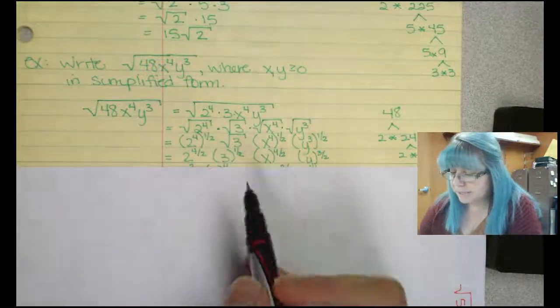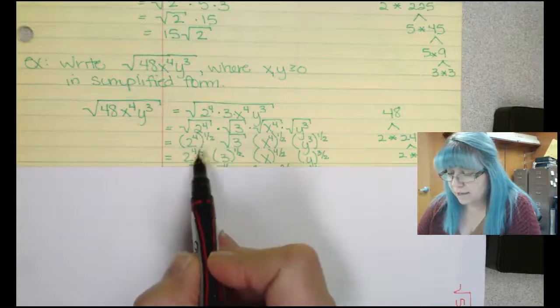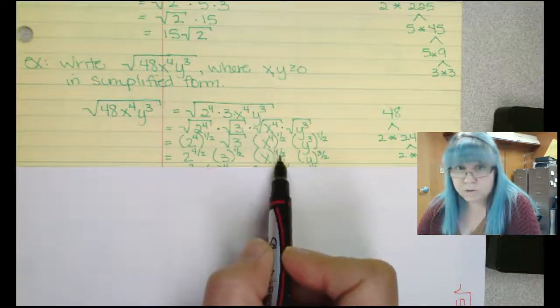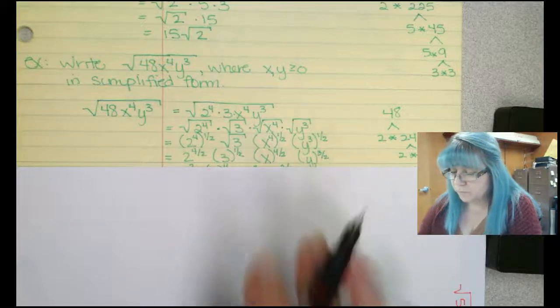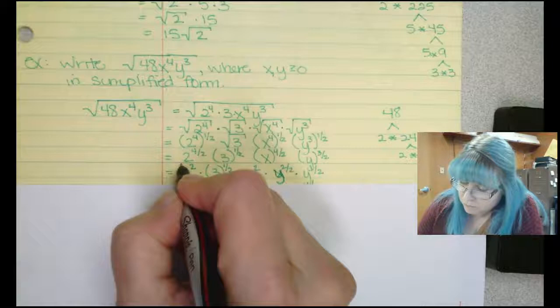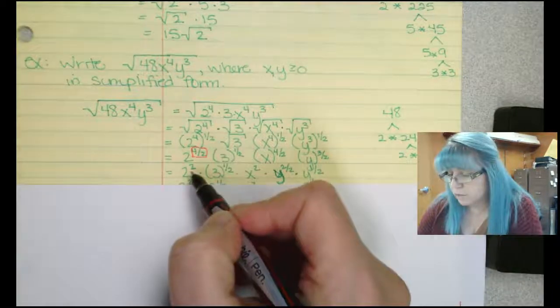I'm going to simplify this as much as I can. 4 times 1/2 is 4 over 2. 3 to the 1/2. 4 times 1/2 is 4 over 2. And 3 times 1/2 is 3 over 2. Now, that 4 over 2 will reduce down to a power of 2.